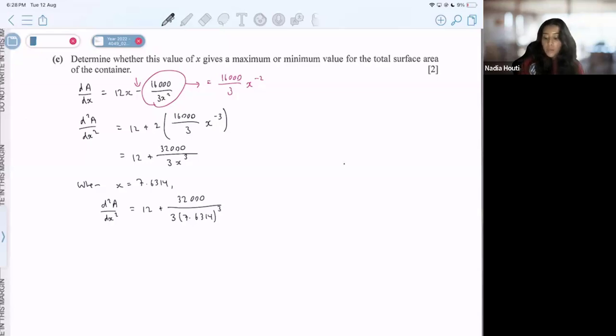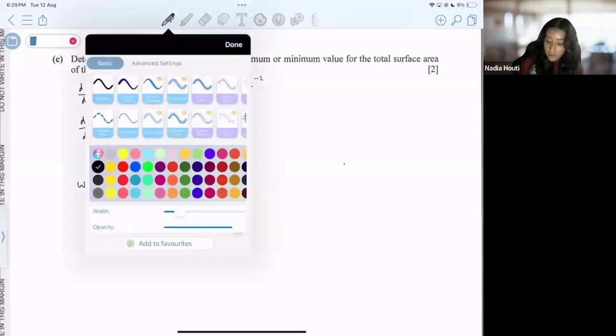It's power of 3. And you can put this value into your calculator, but even before you do that, you can see that this value will definitely be a positive number, right? Okay, just from the expression itself. So even before you sub it in, the alternative method is to just use this form. Since you know x is greater than 0, the alternative method is here. So I'll just write it.